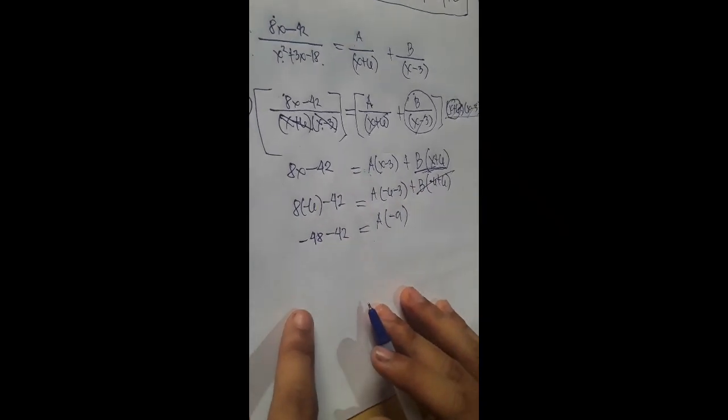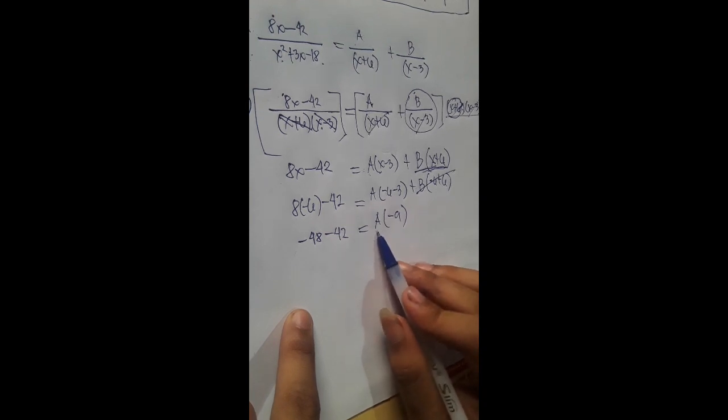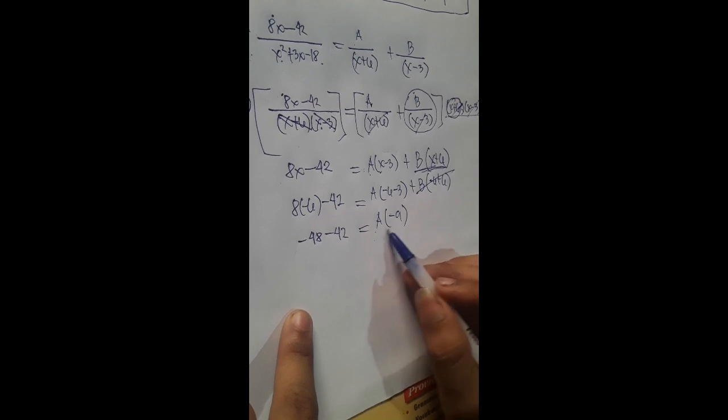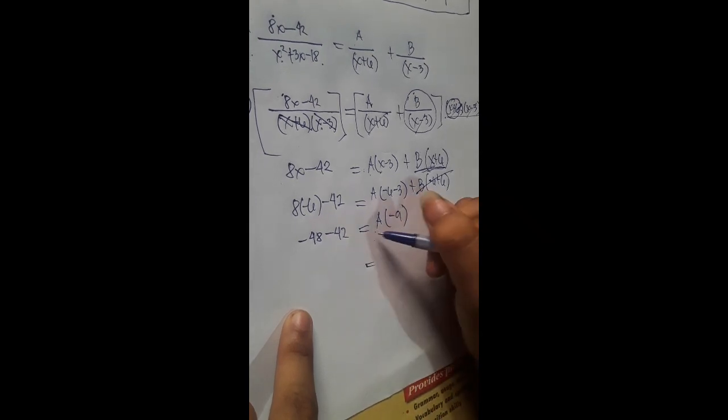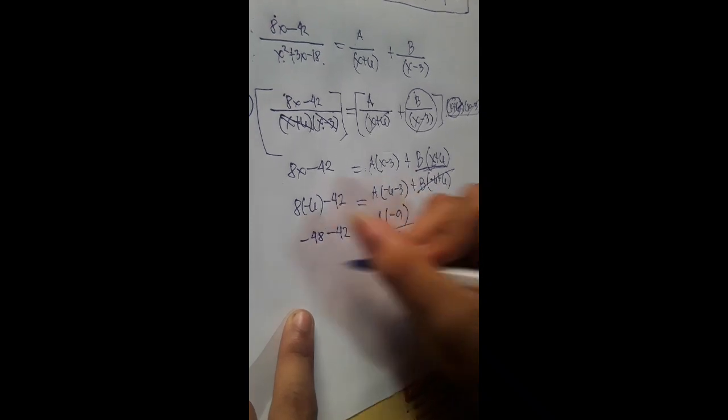What is the next process? In order to get the value of a, we need to eliminate the negative 9 at the right side. So we are going to divide both sides by negative 9.